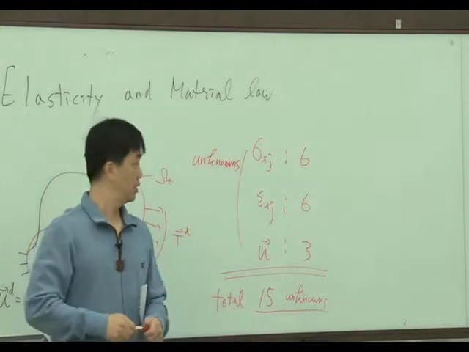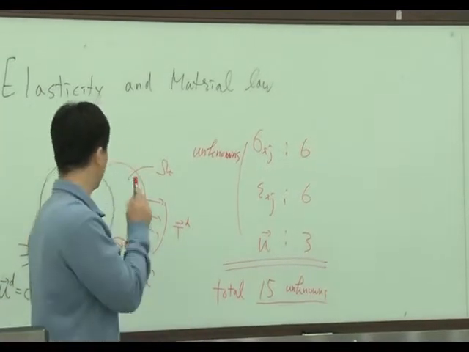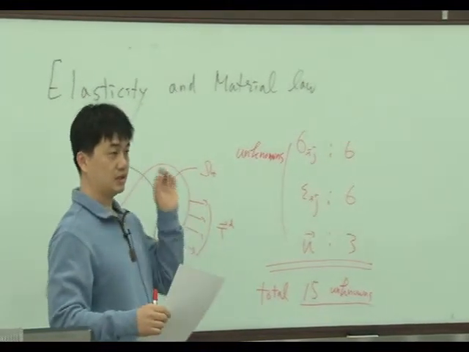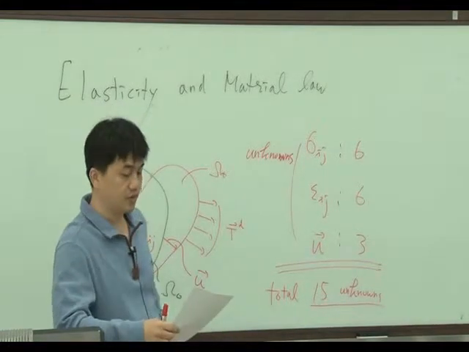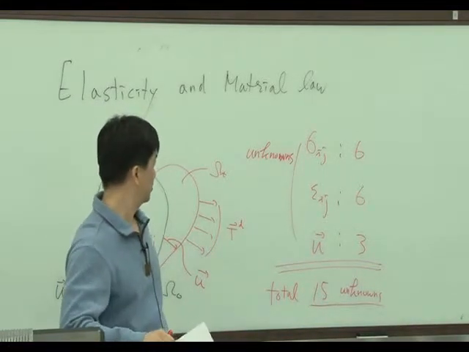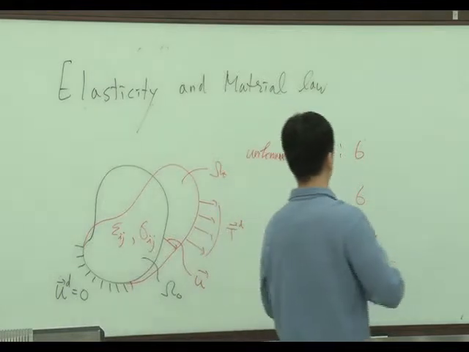So at each material point we have 15 unknowns. And which equations do we know?